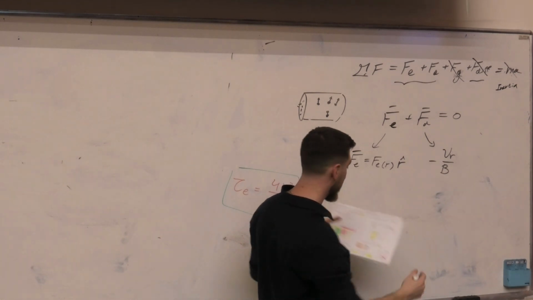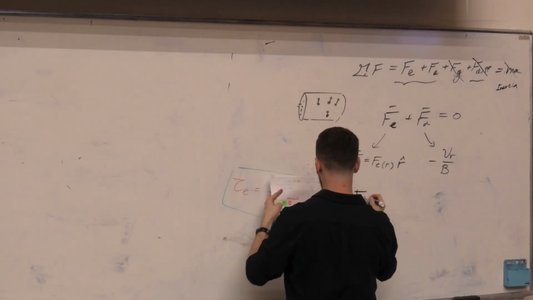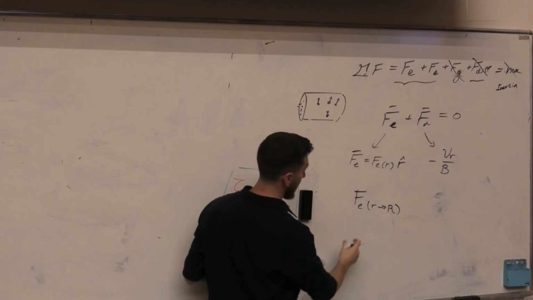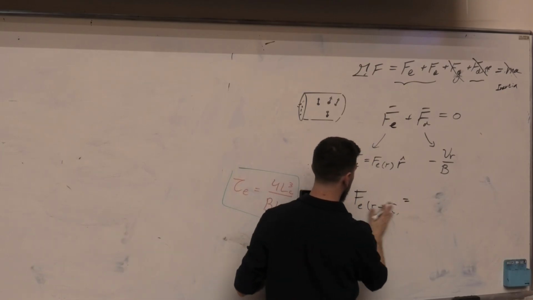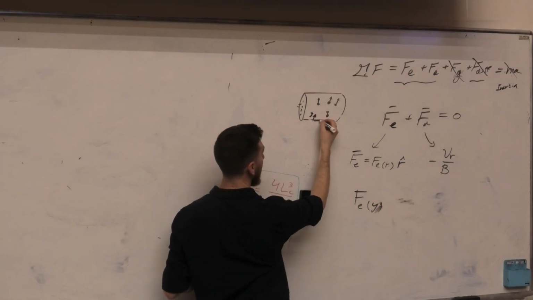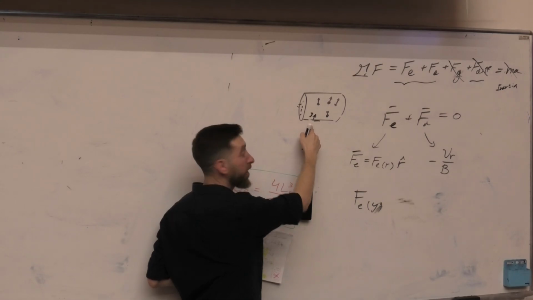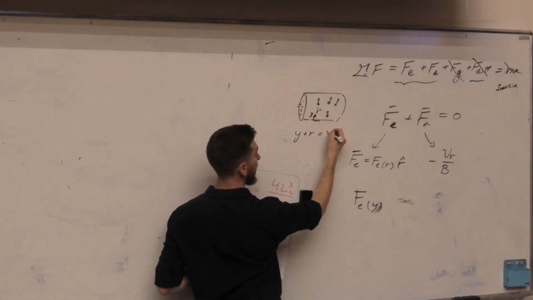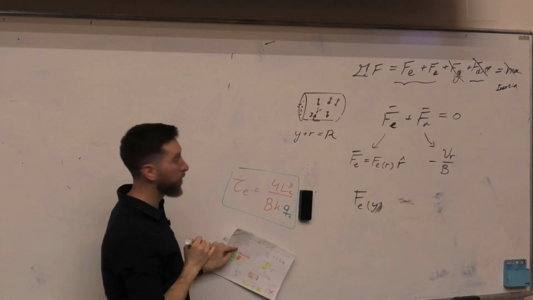the image charge force. The image charge force is a function of Y, then a function of R. So this is Y, you see? Y, and this is the radial coordinate, so Y plus R is actually the radius, right?